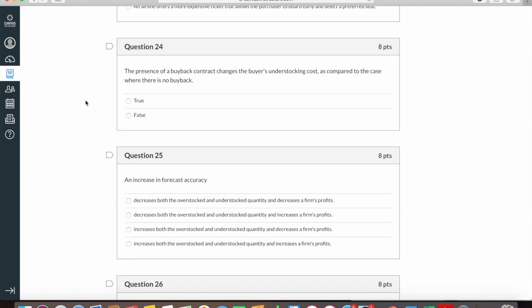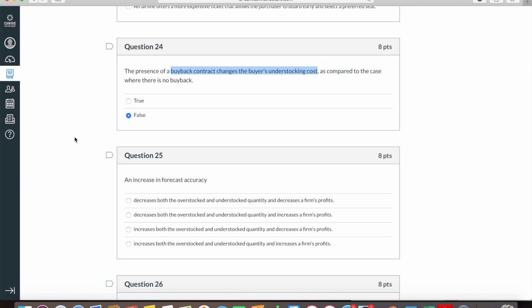The presence of a buyback contract changes the buyer's understocking costs as compared to the case where there is no buyback. Well, no, that's false because, look, if you're understocking already, there's no point of the buyback contract, if you don't have enough stuff.